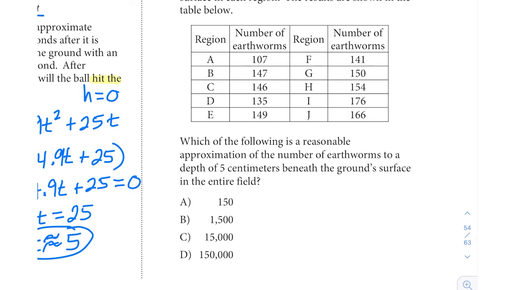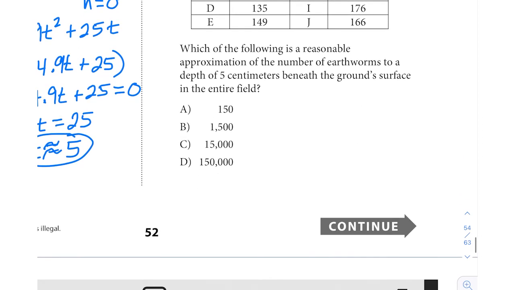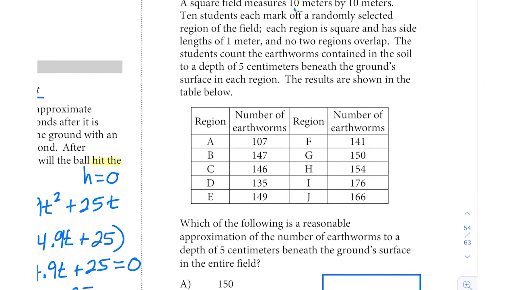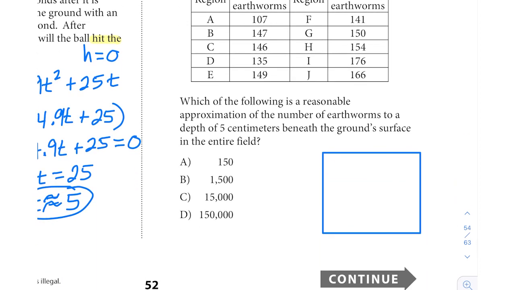Okay, so if we look here, we have these 10 regions, but let's do a visual representation of what these regions represent. So here, if we have a square field, so I'll do my best to make a square, and this is broken up into, it says the field itself is 10 meters by 10 meters, but each of these regions that they're talking about are 1 meter by 1 meter.